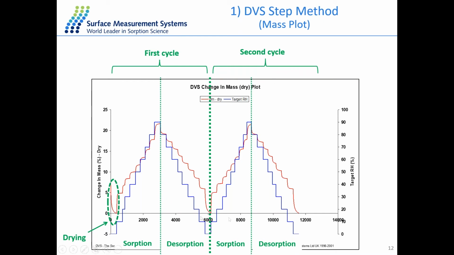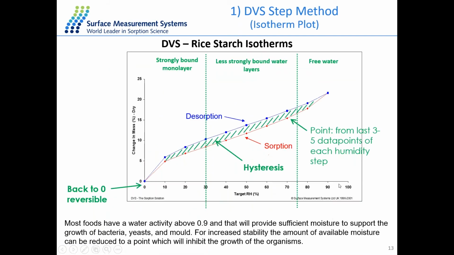And this mass plot gives some kinetics information for this moisture sorption. And if we take the mass at equilibrium at each percentage RH and plot it against the relative humidity, then we can get this isotherm for the moisture sorption with both sorption and desorption branches.